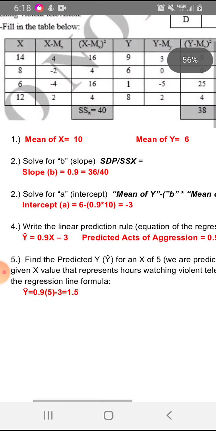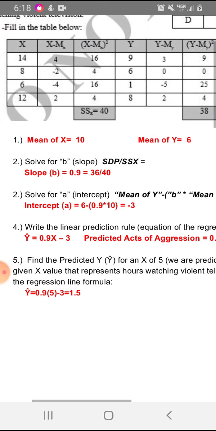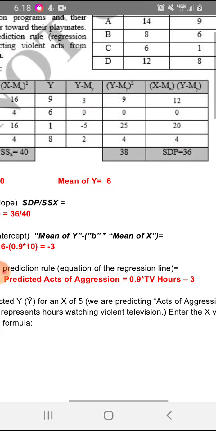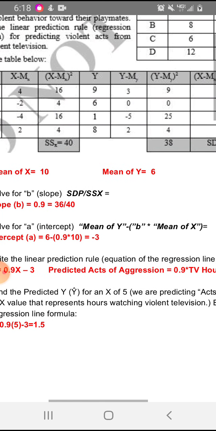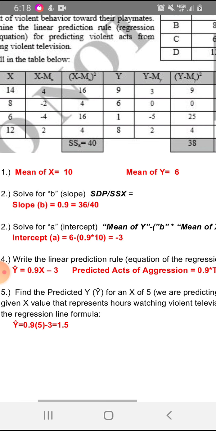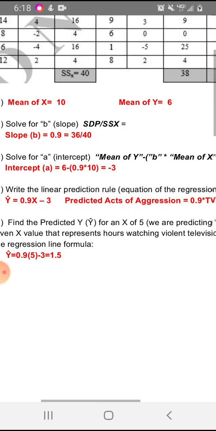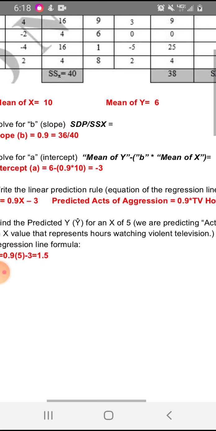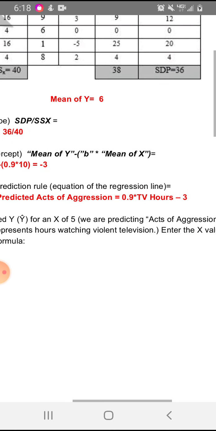Next, we're going to solve for B, which is the slope. You'd simply take SDP and divide it by SSX. 36 divided by 40 equals 0.9. Next step, solve for A, also known as the intercept. That formula is the mean of y minus parentheses B times the mean of x.